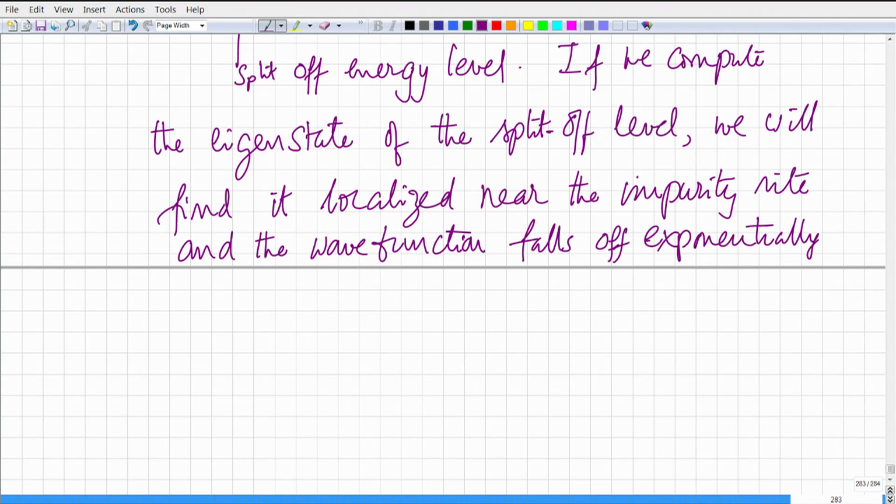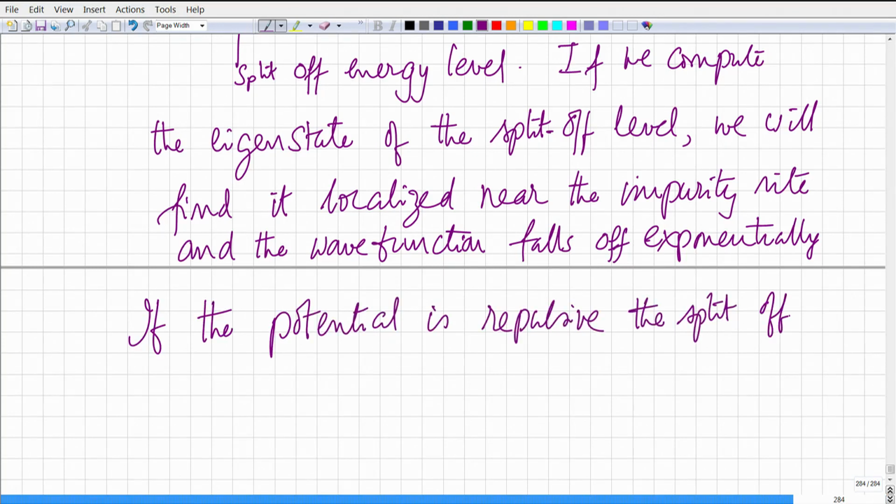Supposing it was a repulsive potential. If the potential was repulsive, you will see the split off state at the other end, near the top of the band.